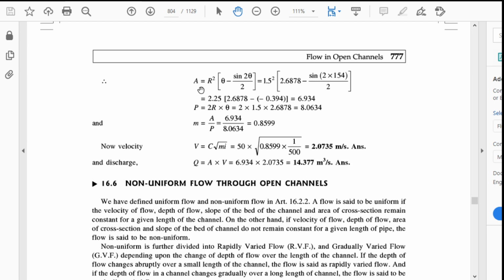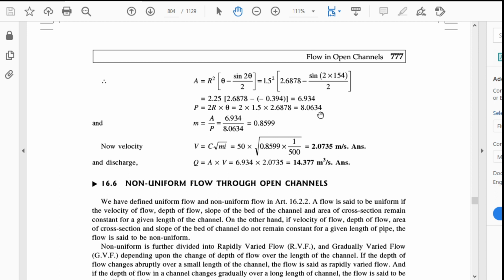Using that theta value, find out the wetted area and the wetted perimeter. The wetted area comes out to be 6.934 meter square, and the perimeter is 8.0634 meters.